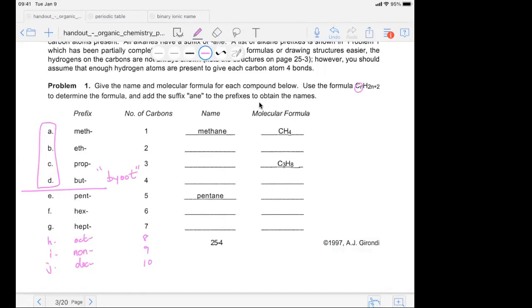So for an alkane which has only 2 carbons in it, the name is going to be ethane. Remember when I said yesterday that the names are going to be instructions on how to draw these compounds. So we already see 2 examples of this.